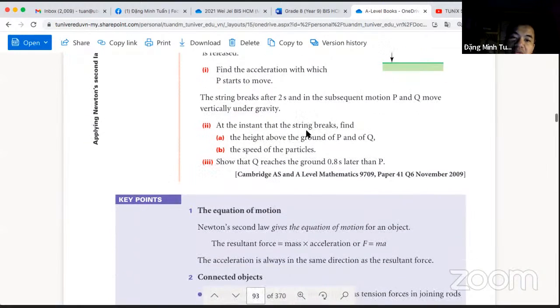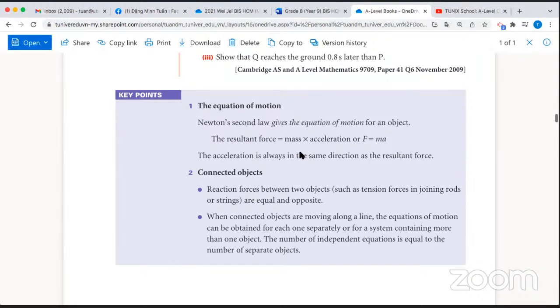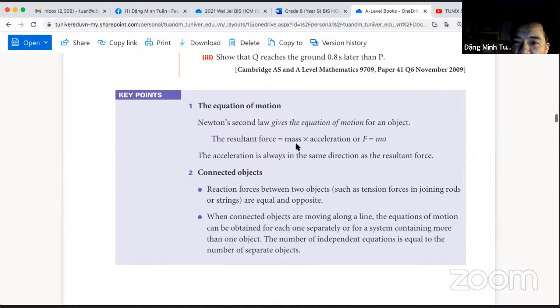So that's perfect. The key point, the equation of motion: the resultant force equals the product of the mass and acceleration. You can write F equals M times A. Sigma F, not just F, sigma. Technically, it's the resultant force, that means the sum of all external forces.